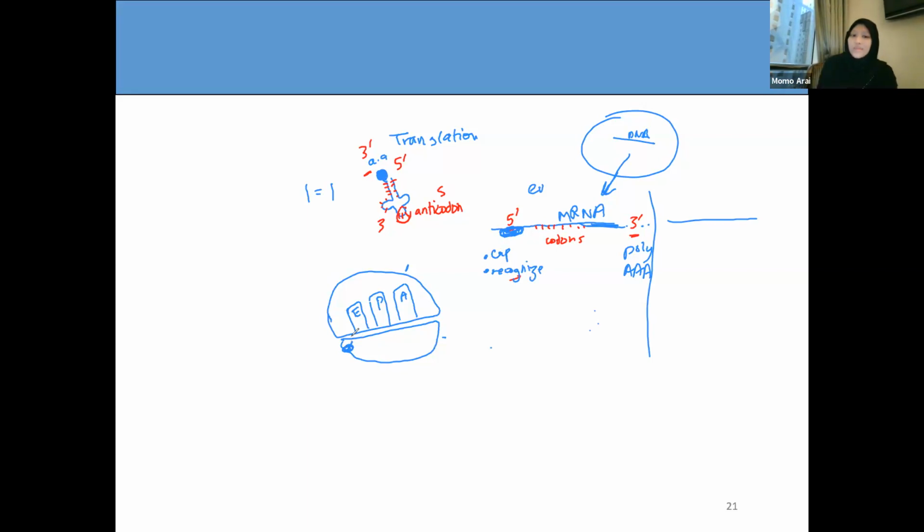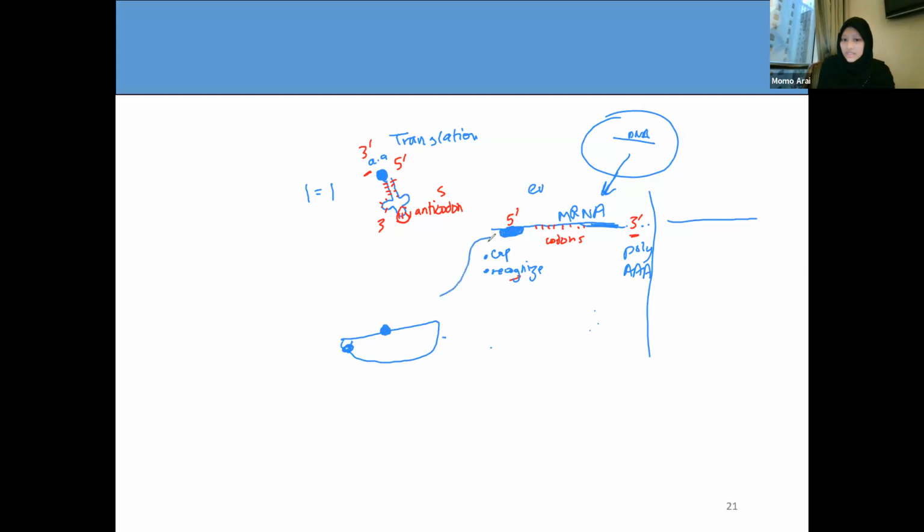Now, before, the ribosomes were stuck together like this, but this is kind of separated away. So let's put this away for now. We have the small ribosomal unit here, right? And one part of the small ribosomal subunit recognizes the 5' end of the cap.